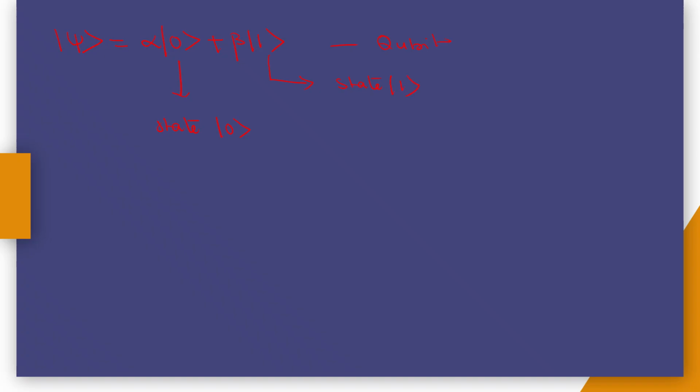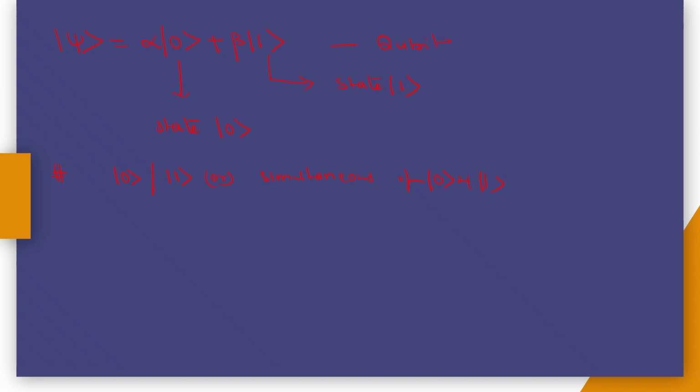As discussed in the introduction video, quantum computers use the superposition principle. Here, this particular particle may be available in the state 0, or it may be available in the state 1, or it may be available in a simultaneous combination of 0 and 1 states.